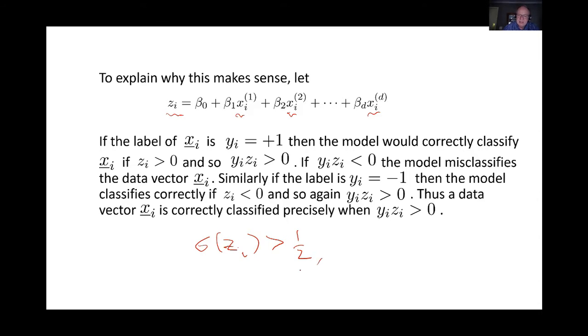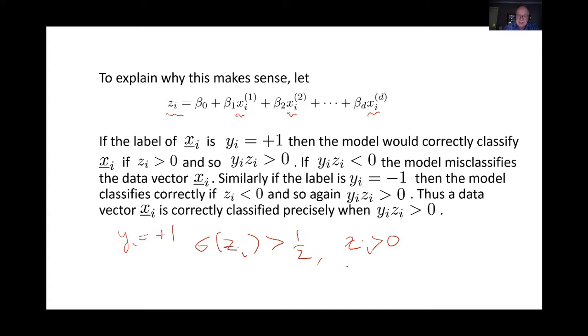That would mean that zi should be positive. That's what we saw. The sigma here takes positive numbers into values of probabilities that are bigger than a half. So you want zi to be positive. This is the case where yi is plus 1.